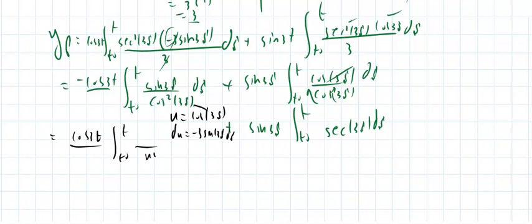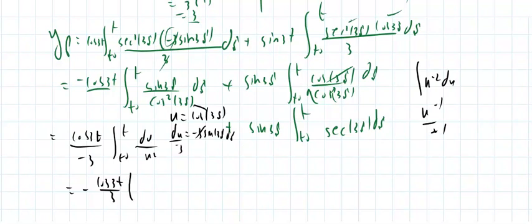This is going to be u squared, and that's going to be negative 3 du. So that's u to the negative 2. So the integral of u to the negative 2 du. Add 1 to the power divided by that. That's negative 1 over u. And u in our case is cosine. Right? Evaluate from t naught to t.